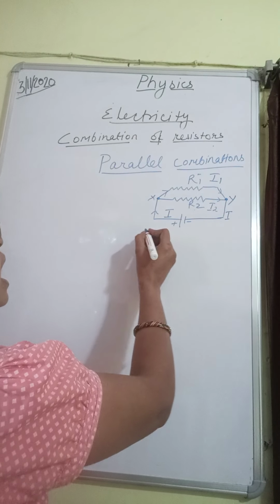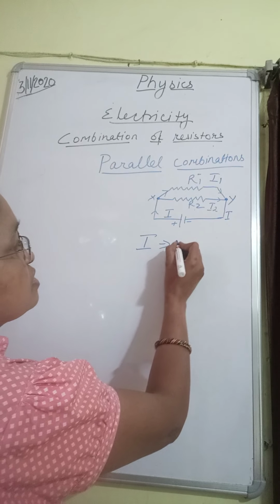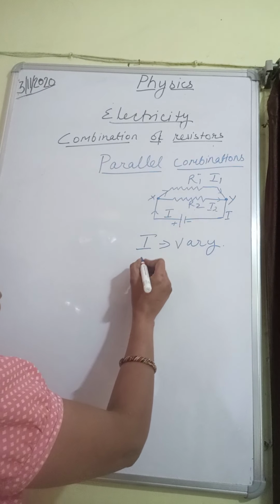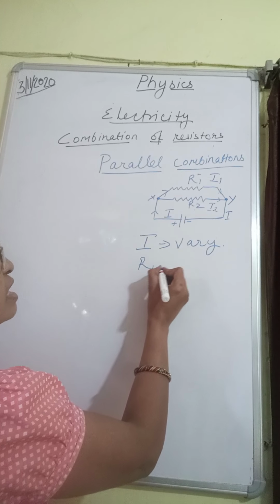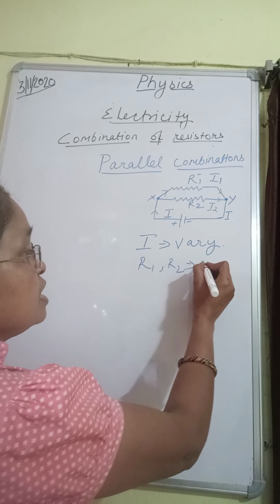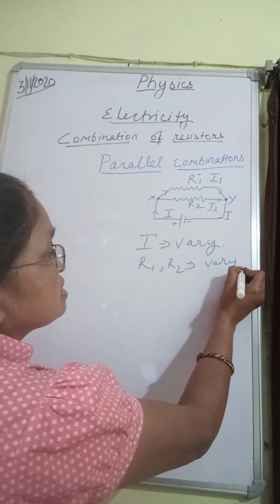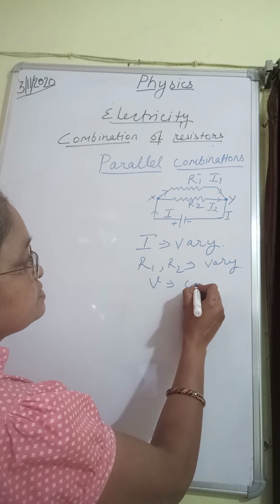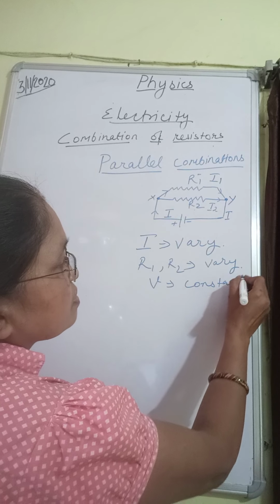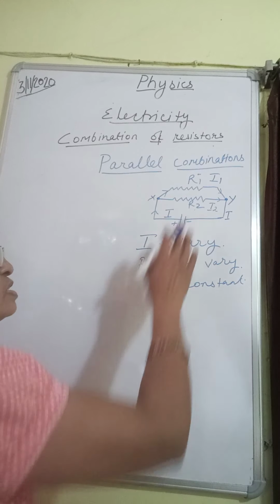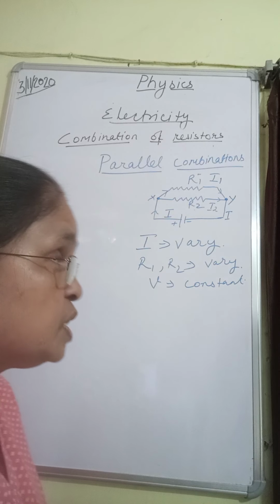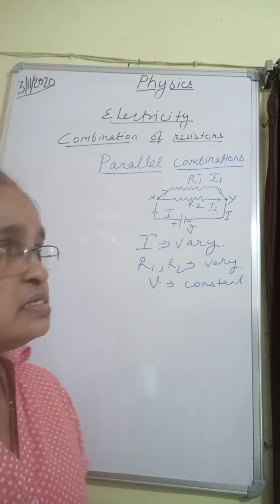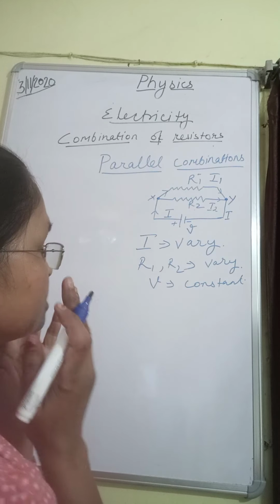So the current varies. R1 and R2 are different because we are taking different appliances. And in this case, V remains constant. Whatever the potential difference for R1, the same potential difference applies for R2, which is the V given in the circuit by the cell. So we have got this conclusion.